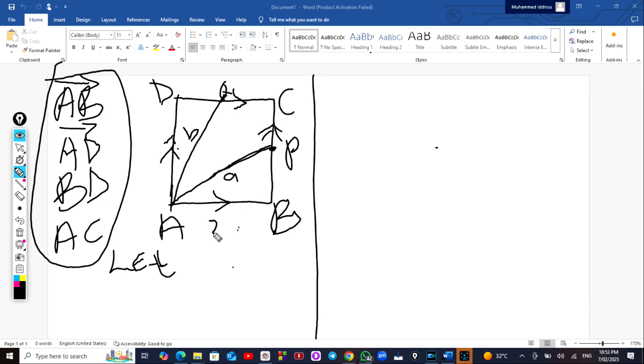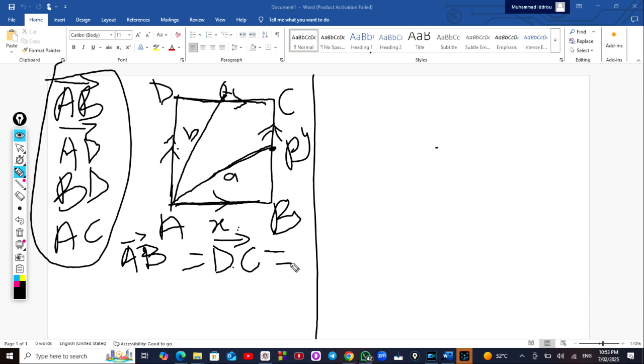If this is x and this is y, then AB is equal to DC.